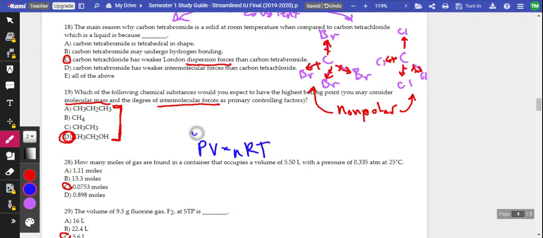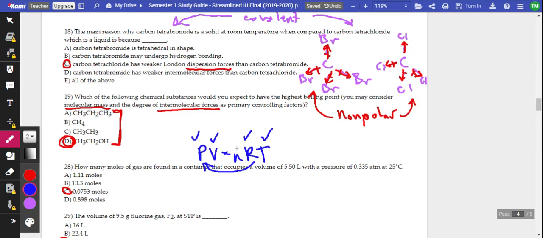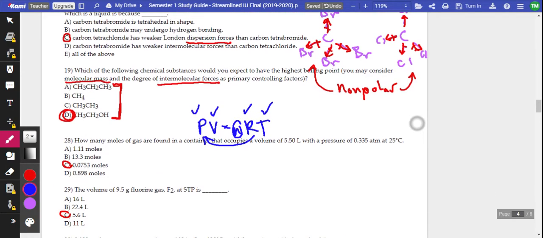We have a pressure, we have a volume, we have a temperature, and we can pick a gas constant for atmospheres. All that's left is to find moles. The only thing we really need to change is the temperature: we can only have Kelvin in PivNert.